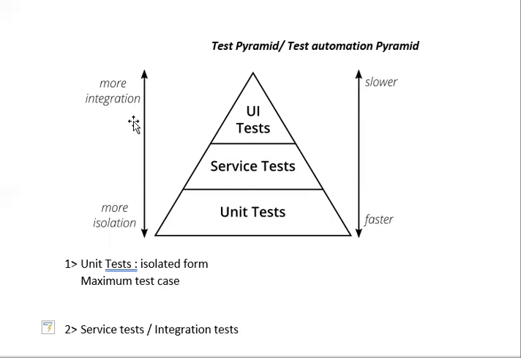You can see in the diagram, more isolation and more integration. As we go from top to bottom, more isolation is observed, and as we go from bottom to top, more integration is observed. So the second point is service tests or integration tests.